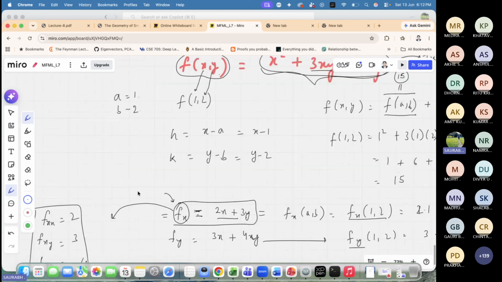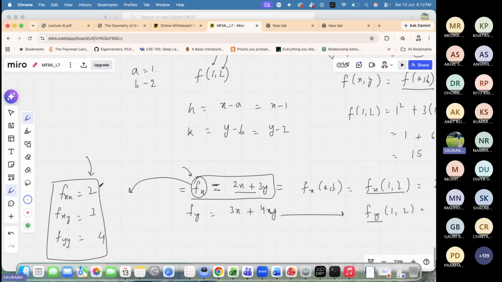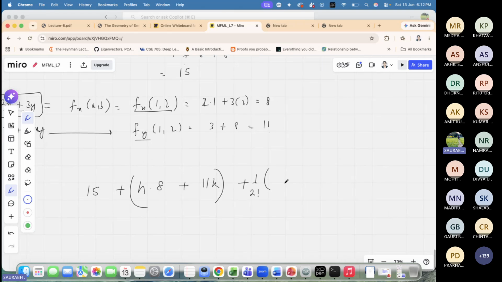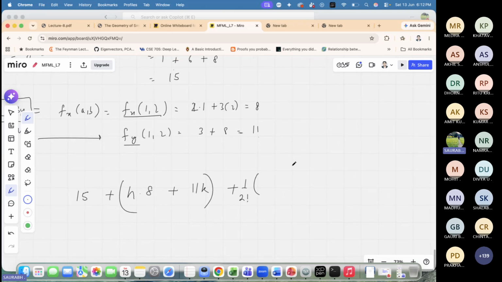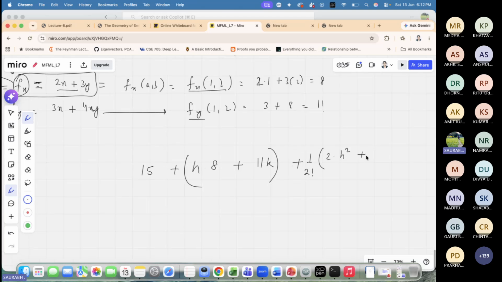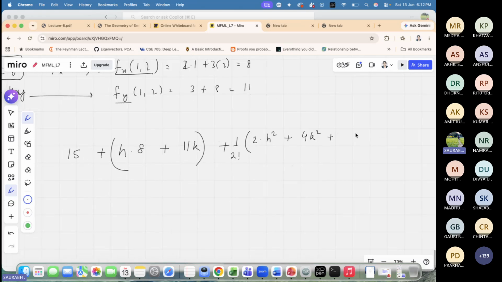Now these are independent of x and y, so you don't have to worry about it. You can directly feed in fxx, fxy, fyy at AB. The value basically would be 1 by 2 factorial times 2 into h square, because the first value is 2, plus 4 into k square, because the last value is 4, and then 2 into 3 into hk.